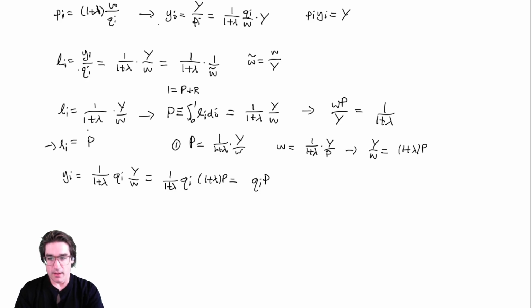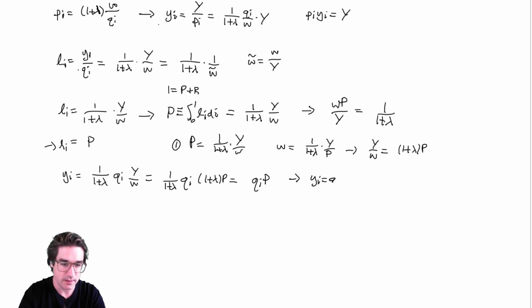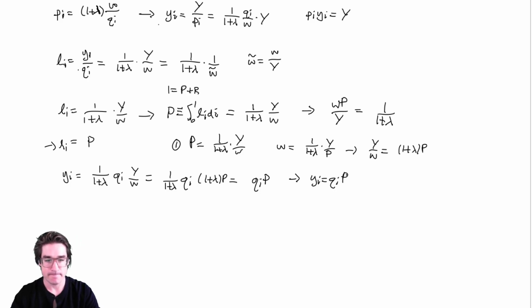Now, if you want to map that to Yi, immediately, if you know Li is equal to P, then Yi from that production function is Q times L, which is just Qi times P. So the summary here is that Yi is equal to Qi times P. Cool.